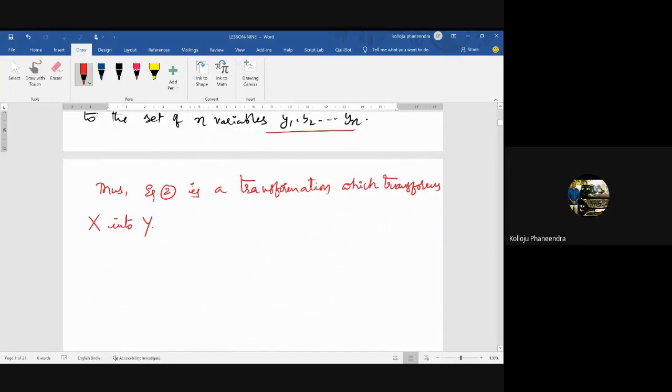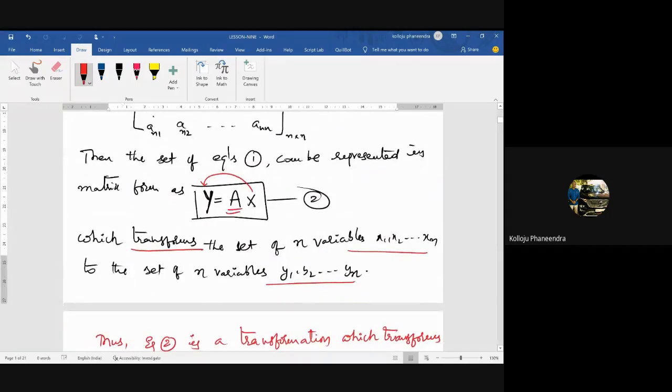So x is shifted to y by using this matrix: when x is multiplied by A, it reduces to y.